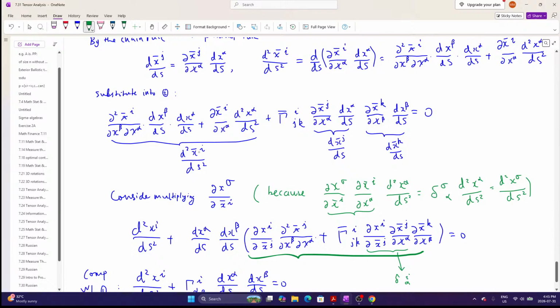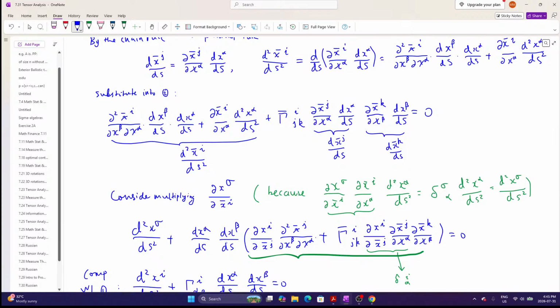And let's see what needs to be changed. So we're multiplying this equation by dx sigma over dx bar I on both sides. So the term now isolated should be d squared x sigma over ds squared, and now let's see, what are the terms factorizable? Well, you got dx alpha over ds, dx beta over ds, that's correct.